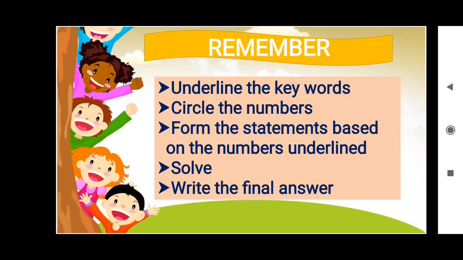So always remember, in any given word problem, the first step you will do is to underline the keywords. Just now we have seen the list of the keywords for addition. So these words you will underline. Second, circle the numbers. So you will circle all the given numbers in a word problem.